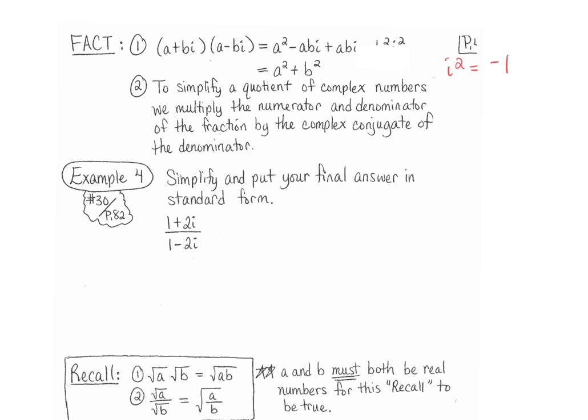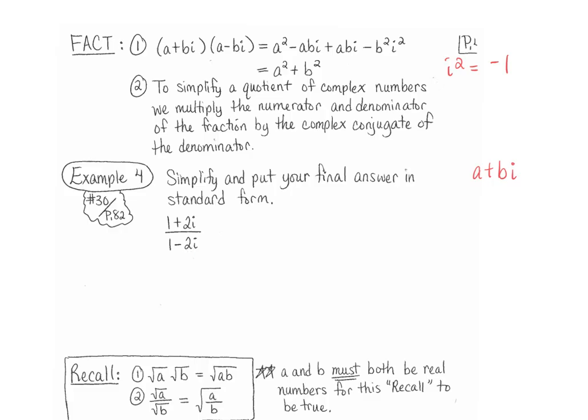So now we can talk about dividing complex numbers. Let's look at example 4. Simplify and put your final answer in standard form. Remember, standard form is a plus bi. Now, we have this quotient, or this fraction, 1 plus 2i over 1 minus 2i.